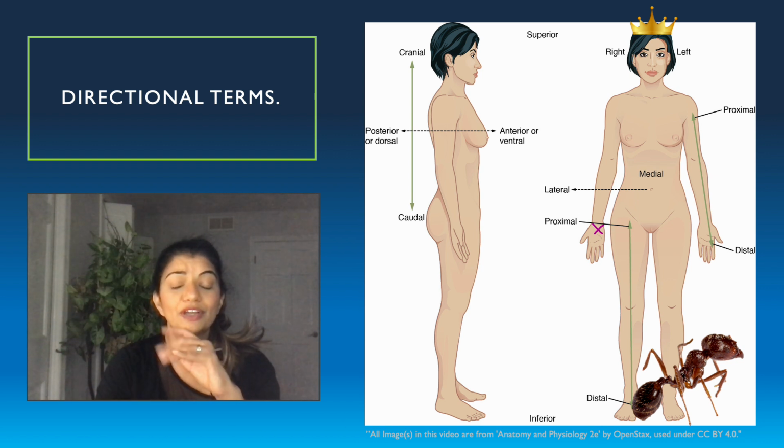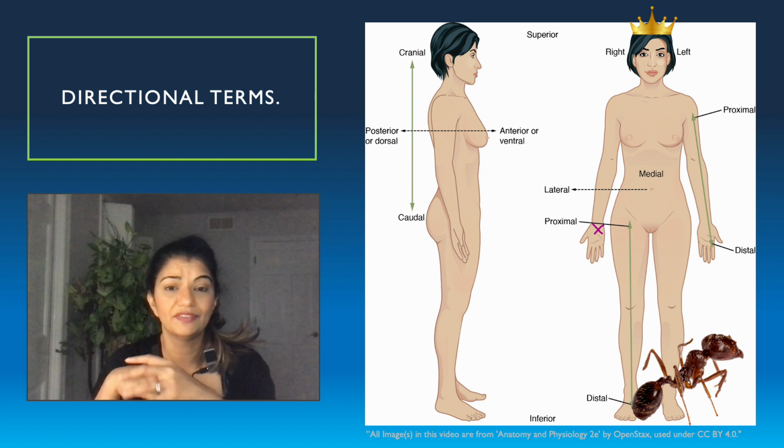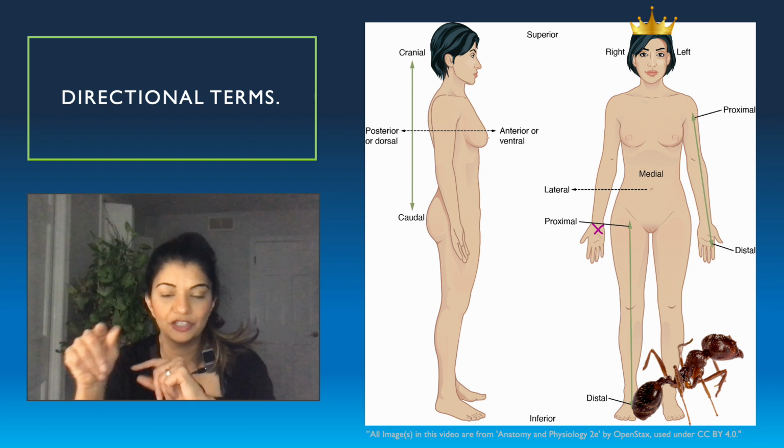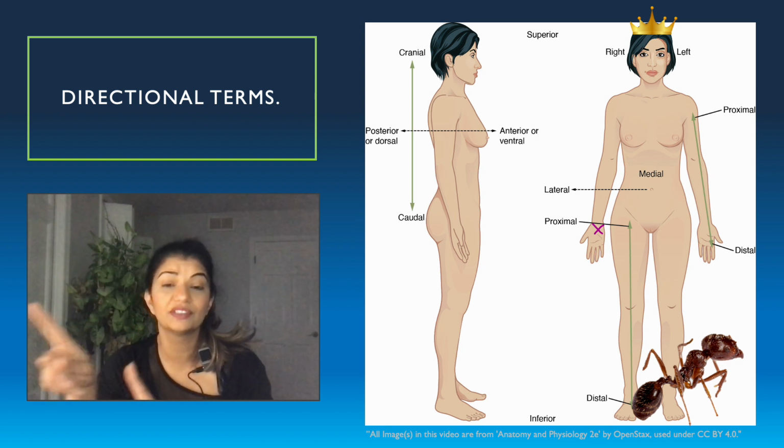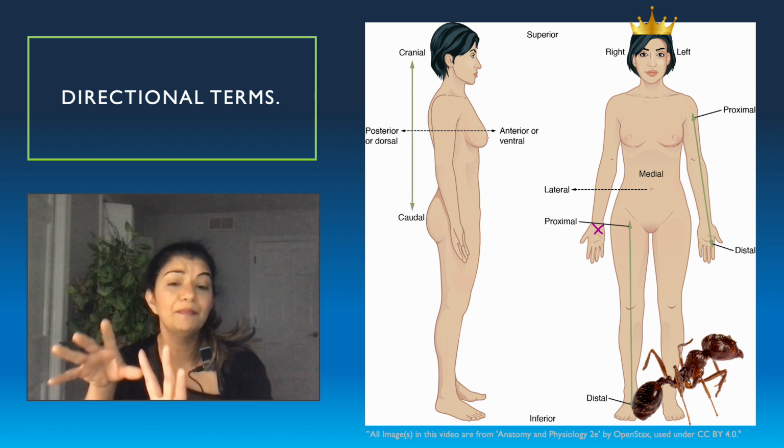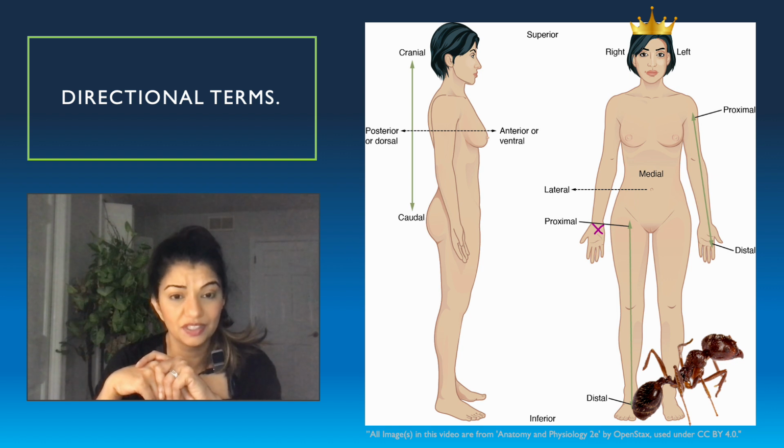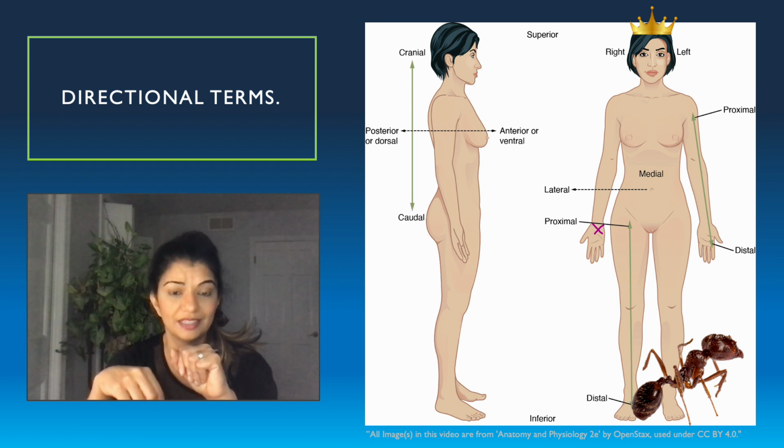So again, you're going to use these type of words to describe position of the human body. Oh, one more I forgot to mention. Anterior is also called ventral, and posterior is often called dorsal, and you'll see those words interchangeably used.